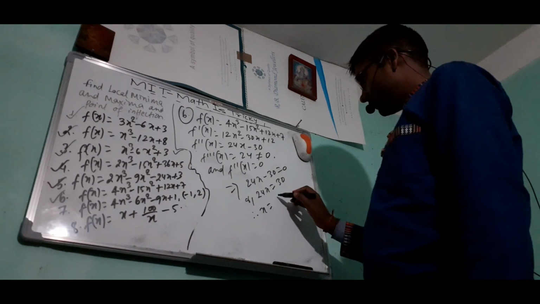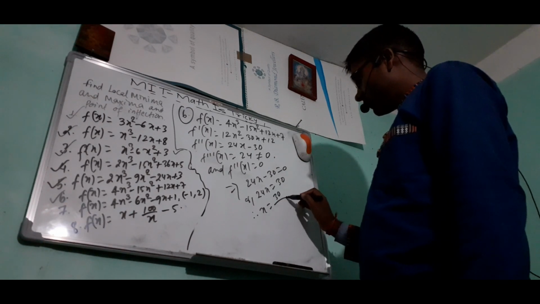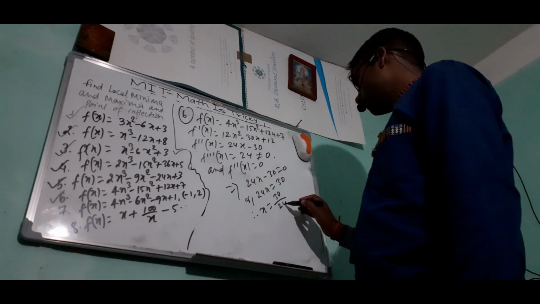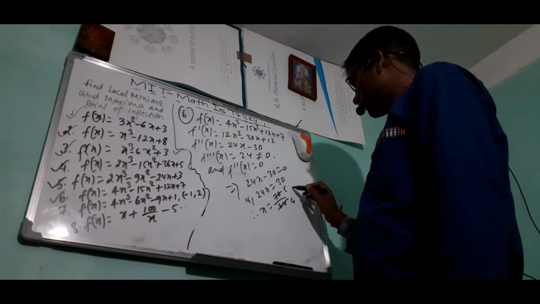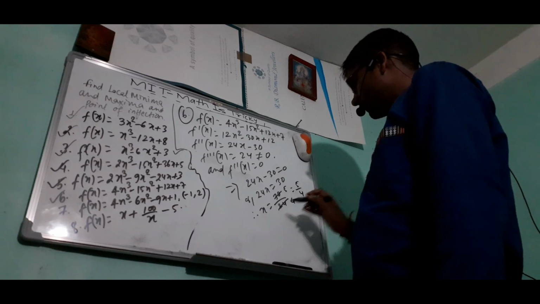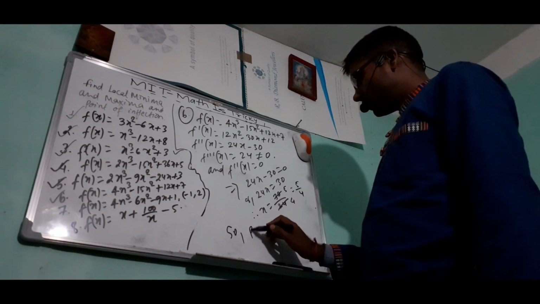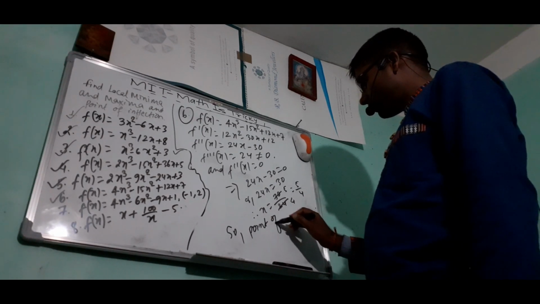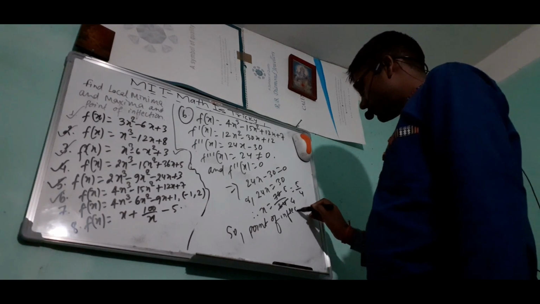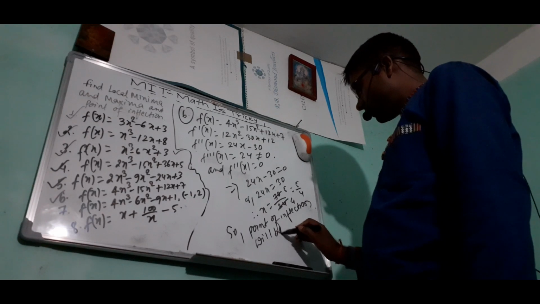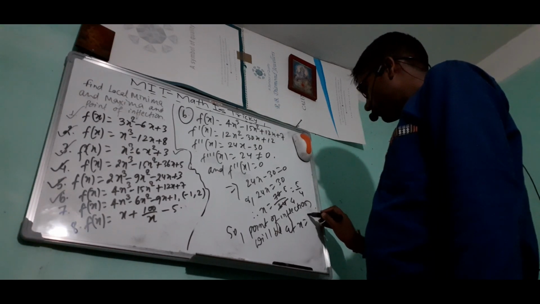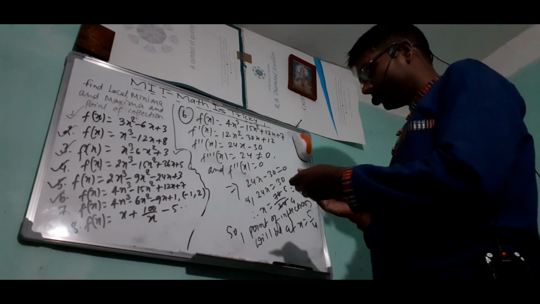So it will be 30 by 24, which is 5 by 4. So we can write the point of inflection will be at x equals 5 by 4.